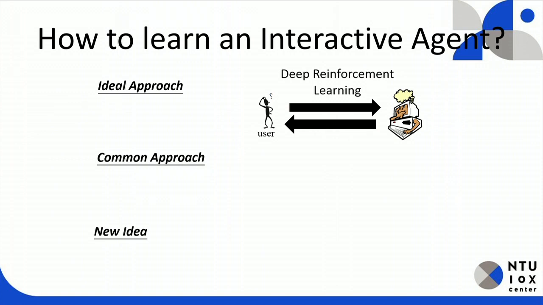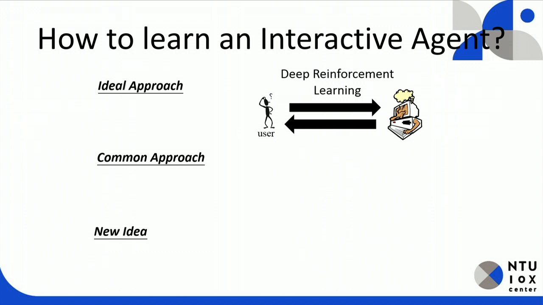You hire or you have lots of users, and you ask those users to interact with your dialogue manager. Interact probably millions of times, and based on the deep reinforcement learning approach, the machine will learn how to maximize the reward it can obtain, and eventually it learns how to interact with the users properly.